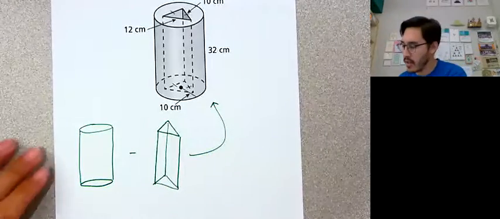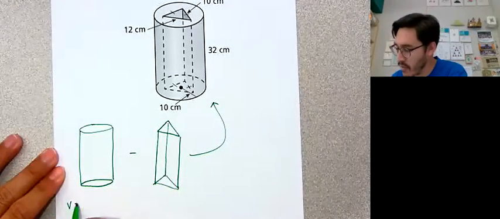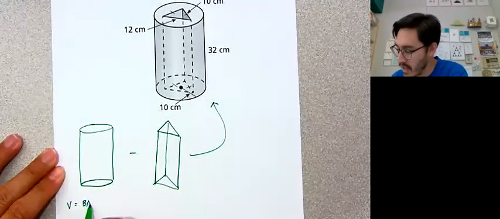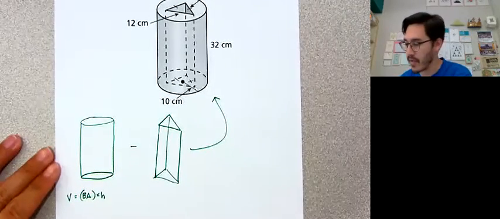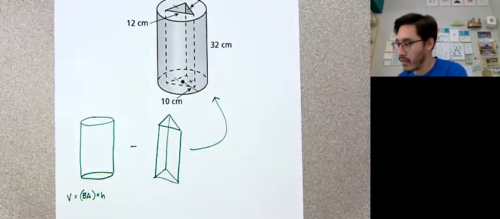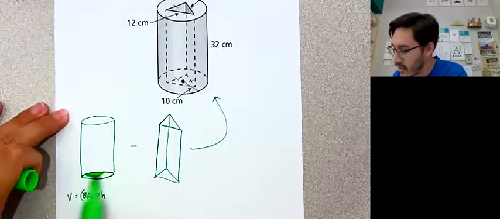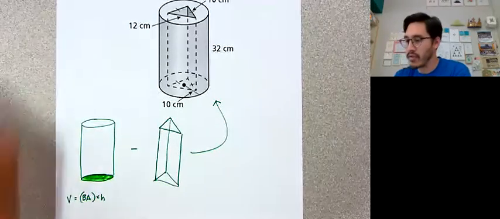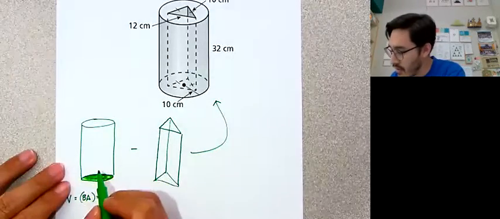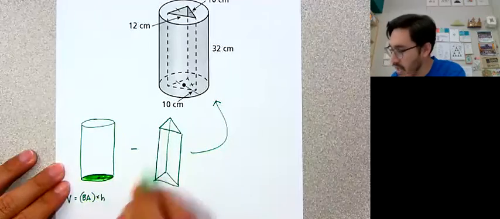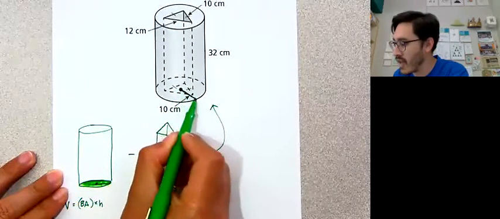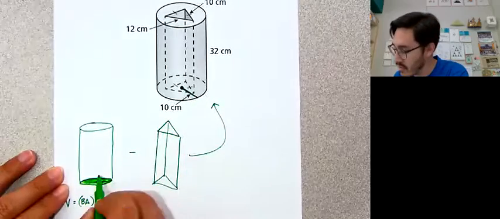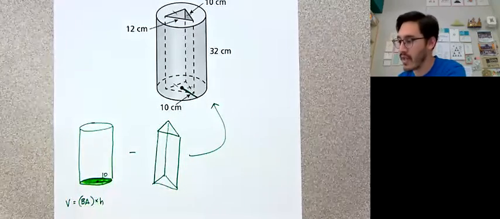All right, so the volume is the base area times the height. For the cylinder, the base is the shape of a circle. I can look at my original drawing here and see that the radius of that circular base is 10. So let's write 10 there.